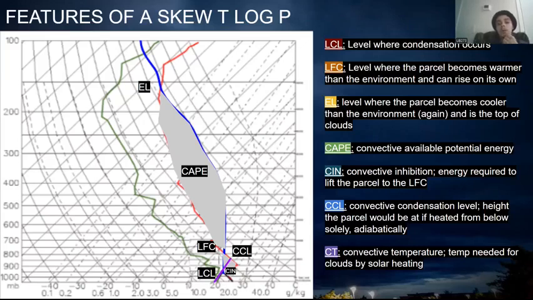It's the height that the parcel would be at if it was heated from below solely adiabatically. And then convective temperature: you go to the CCL and then draw straight down to the temperatures down here. And we see that the convective temperature is 37 degrees Celsius. It's the temperature needed for clouds to form by solar heating.